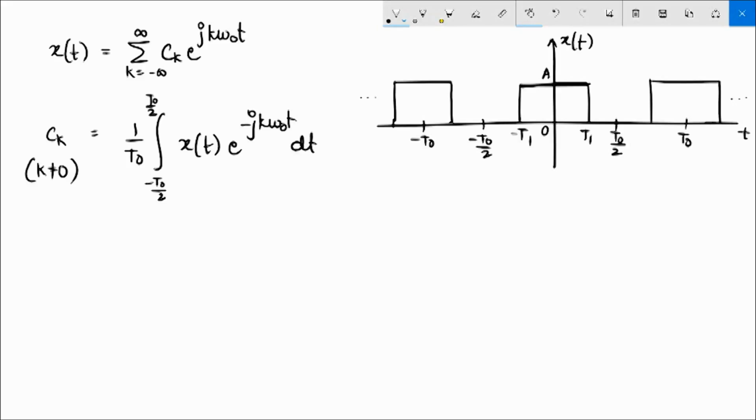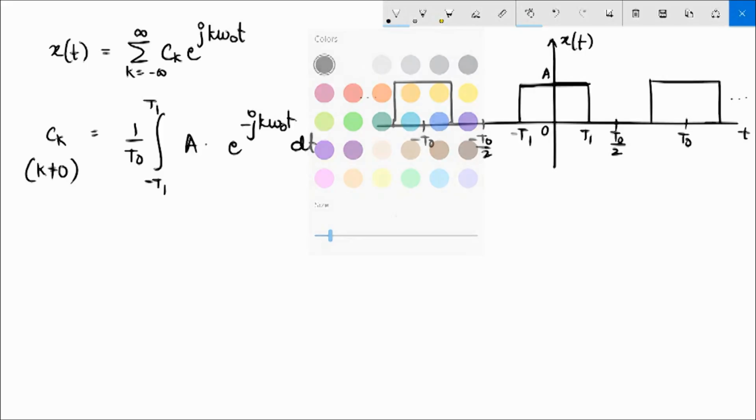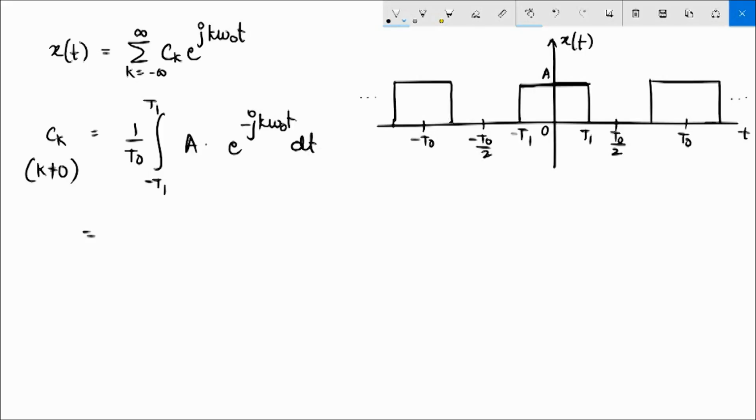I can simply change these limits to minus t1 to plus t1 and say that xt in this interval is a. This is equal to a upon minus j k omega naught t0, and the integration of this term is e to the power minus j k omega naught t, limits from minus t1 to plus t1.